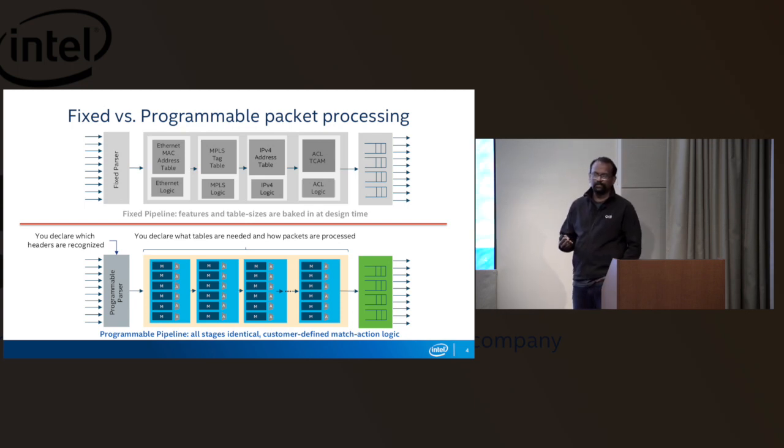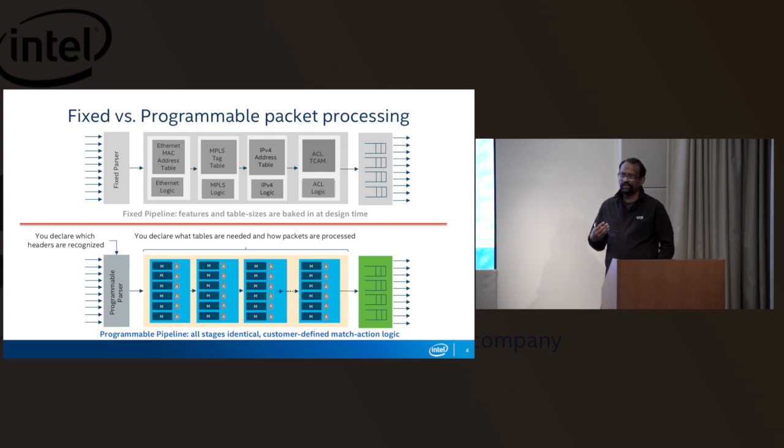It has a programmable parser using which you can parse any protocol you want, and it has match action stages using which you can match on any field you want and look up your databases and then perform actions. So it really gives you complete control of your packet processing destiny.